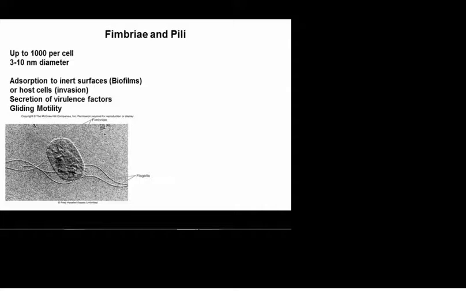So you can have hundreds of these per bacterium, narrow diameter, and they have a bunch of different functions. Adhesion, binding to host cells, secretion of virulence factors, and gliding motility.